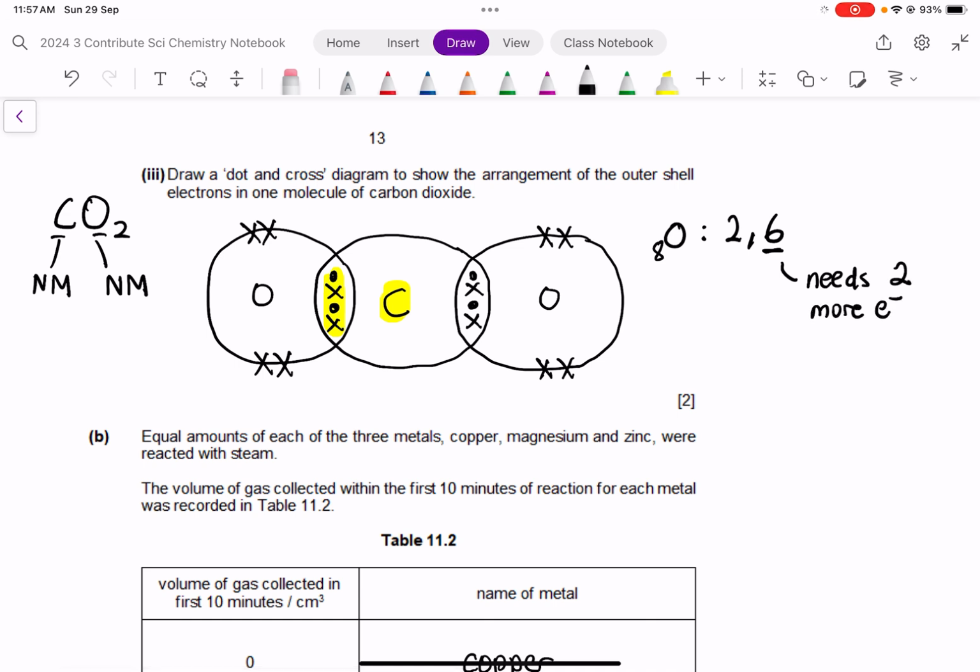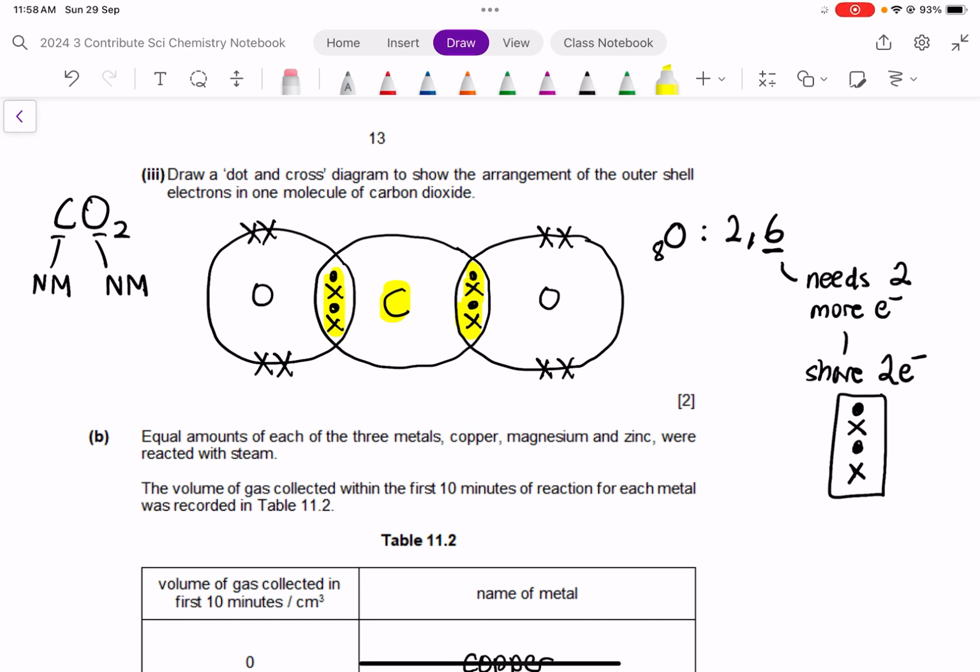So if you need 2 more electrons, you must share 2 electrons. Sharing 2 means this. I share 1, you share 1. I share another 1, you share another 1. So sharing 2 electrons means dot, cross, which is why you see dot, cross in the shared overlapping region.